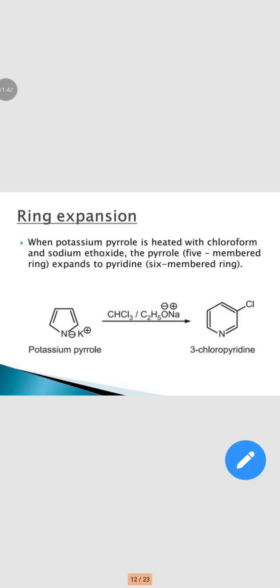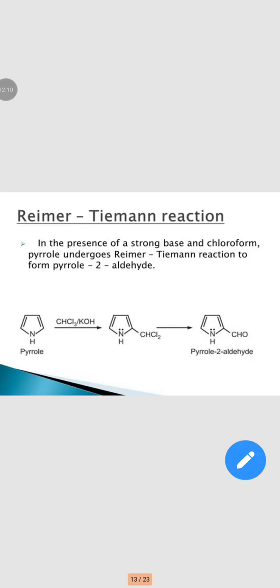Potassium pyrrole is treated with chloroform, CHCl3, and sodium ethoxide, C2H5ONa, to form a 6-membered ring. 3-chloropyridine is obtained. So this reaction is ring expansion. The 5-membered ring expands to form a 6-membered ring.